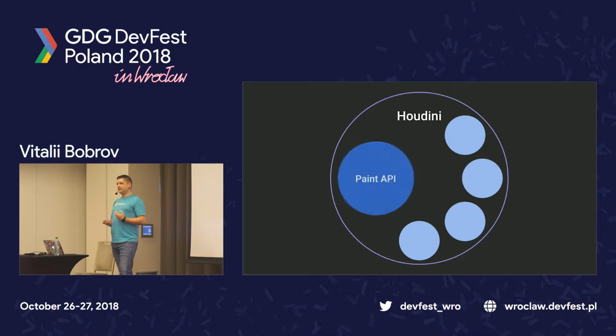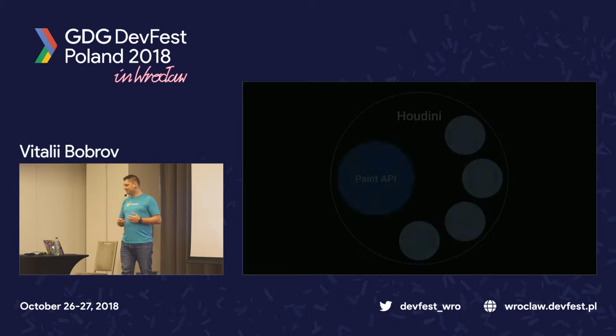So the CSS Paint API is just one API of the Houdini project that gives you the ability to draw canvas images on different properties that accept images. We will see it later on.